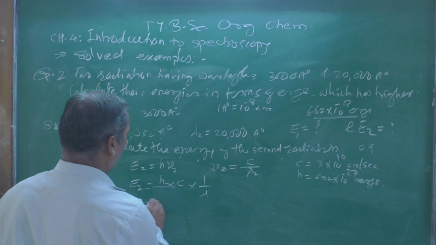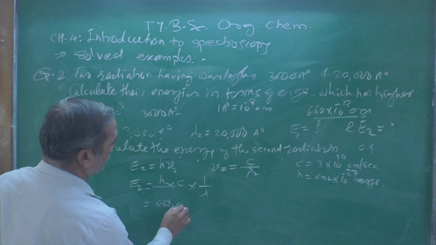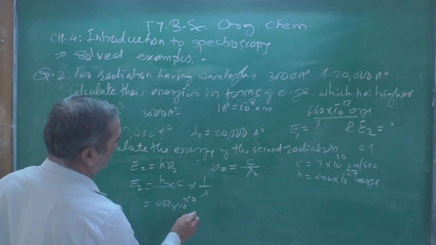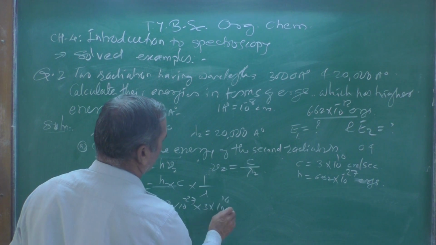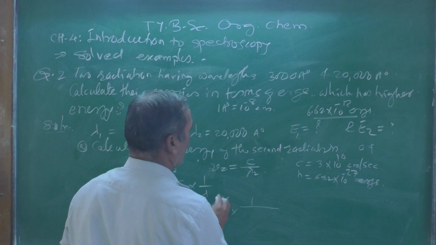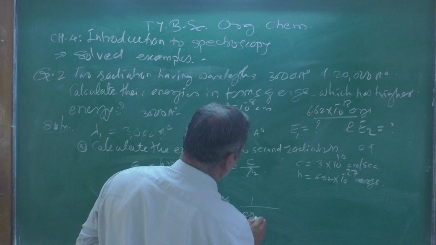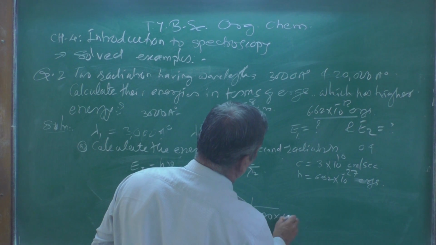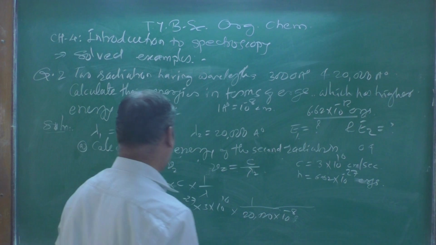H is near about 6.62 into 10 raised to minus 27, c is given 3 into 10 raised to 10, and lambda is given; the second value is 20,000 into 10 raised to minus 8, which is in centimeters.